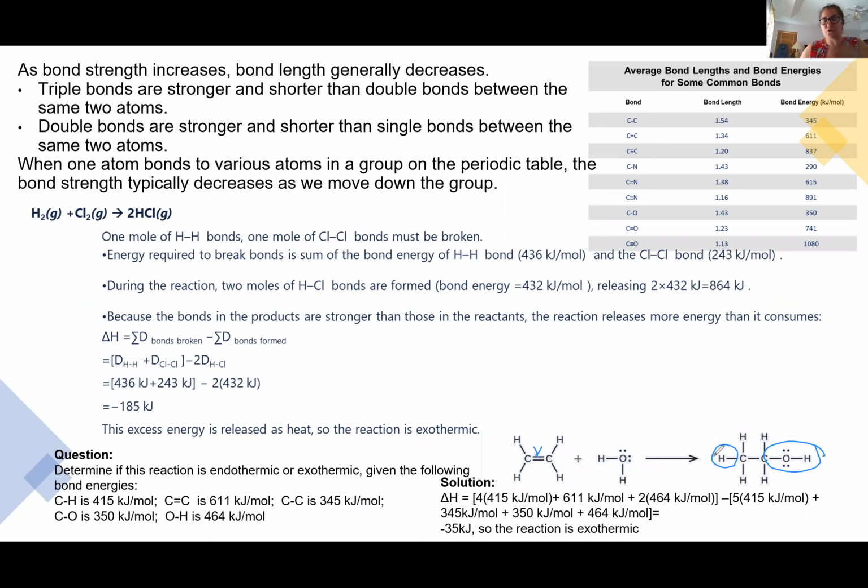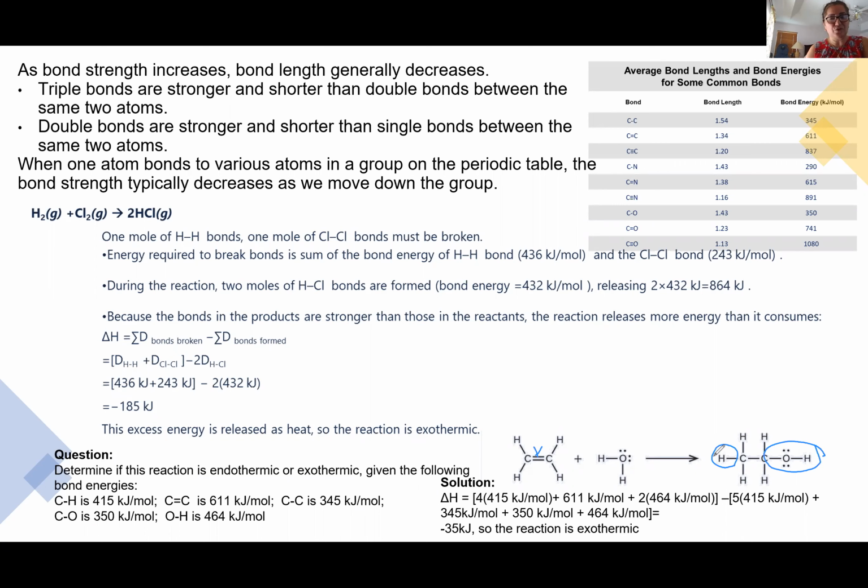So if more energy is released, we know it's going to be exothermic. If more energy is being consumed, then it means it's endothermic.